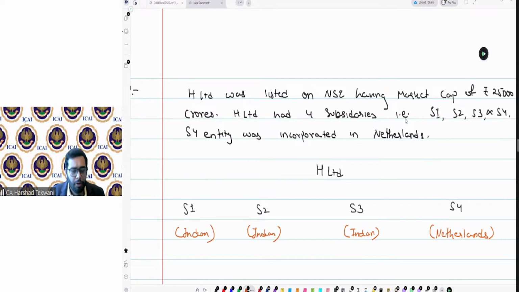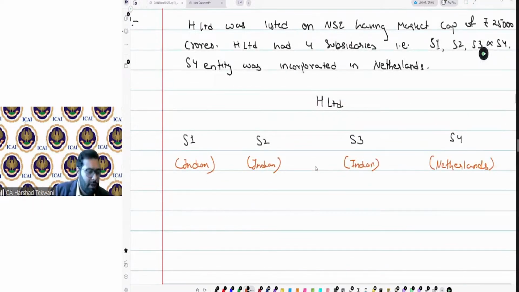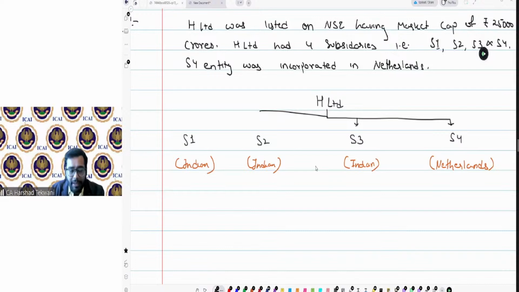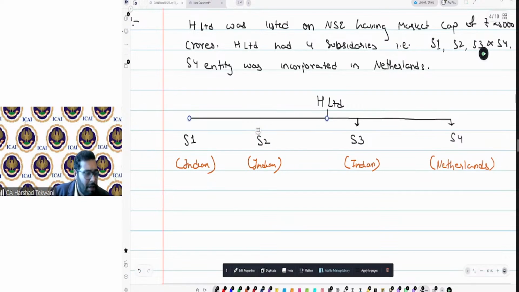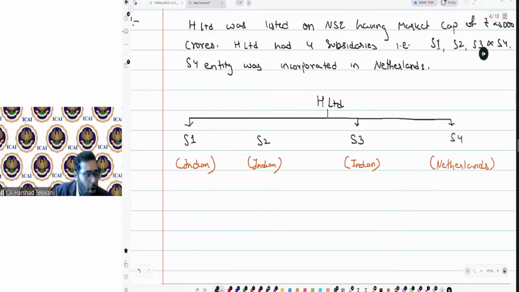Okay. Now the question comes is that, let's say for example, H Limited is not exempt. I'm saying it is not exempt in any way. So don't think that the exemption is available. H Limited, let's say for example, is neither holding, or like neither investment entity, nor it has any exemption under the Companies Act or Rule 6 or Ind AS.